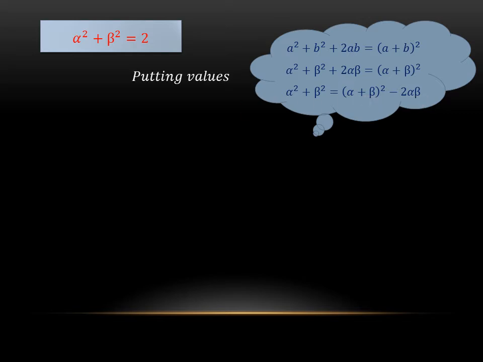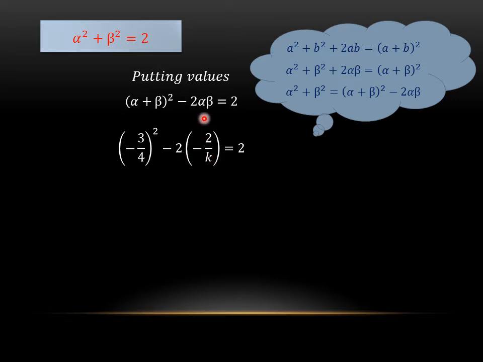So putting the values, we will get the equation as alpha plus beta whole square minus 2 alpha beta equals 2. We have replaced alpha square plus beta square with this expression. Now we will put the value of alpha plus beta, which is minus 3 by 4, with the square, minus 2 into the value of alpha beta, which is minus 2 by k, equals 2.